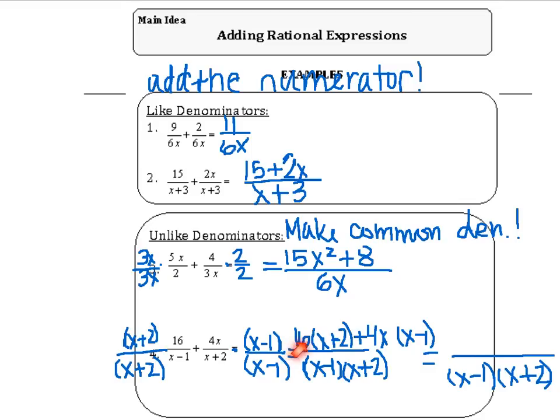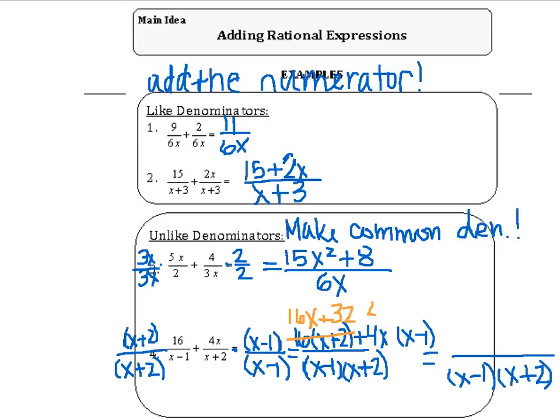So 16 times x is 16x. 16 times 2 is 32. So I have 16x plus 32. That's what that simplifies to. And on the other one, 4x times x is 4x squared. 4x times a negative 1 is minus 4x.